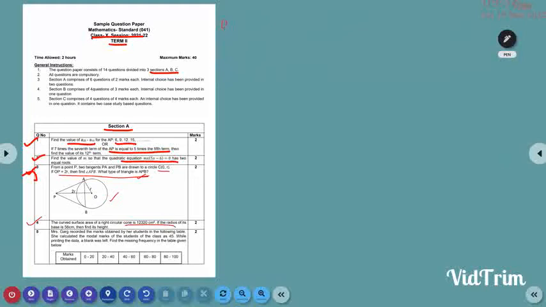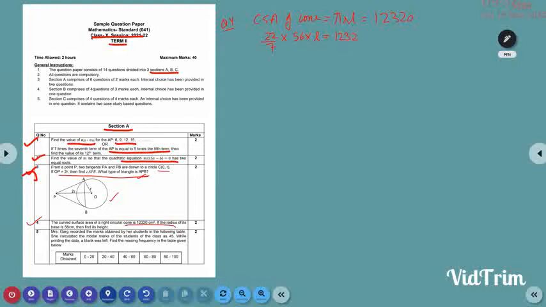So the value of pi RL is given as 12320. Using this, we are going to find the value of L. L is the slant height. So pi RL is equal to 12320. So 22 by 7 into R, which is 56, into L is equal to 12320.